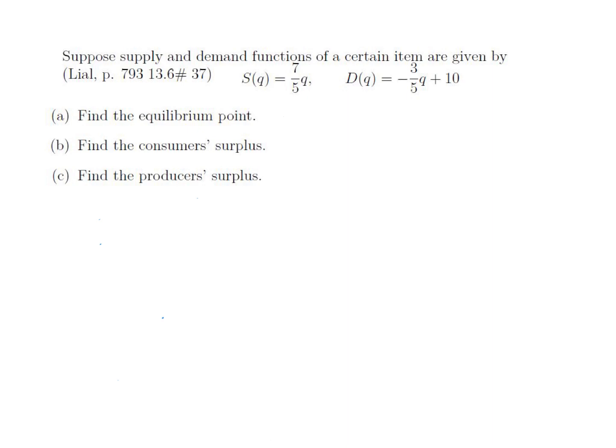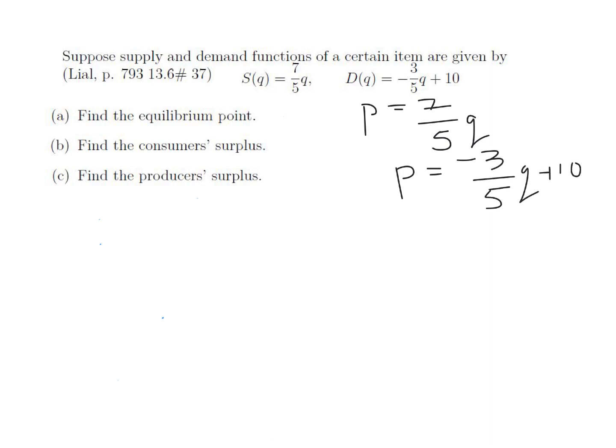So when we have the supply and demand function, we can say the price at a supply of 7/5 Q, or the demand price at a demand of minus 3/5 Q plus 10. So the S at Q and the D at Q really represent the price for a given supply and the price for a given demand. That'll come up later because you'll ask why it is P. How did we know that?